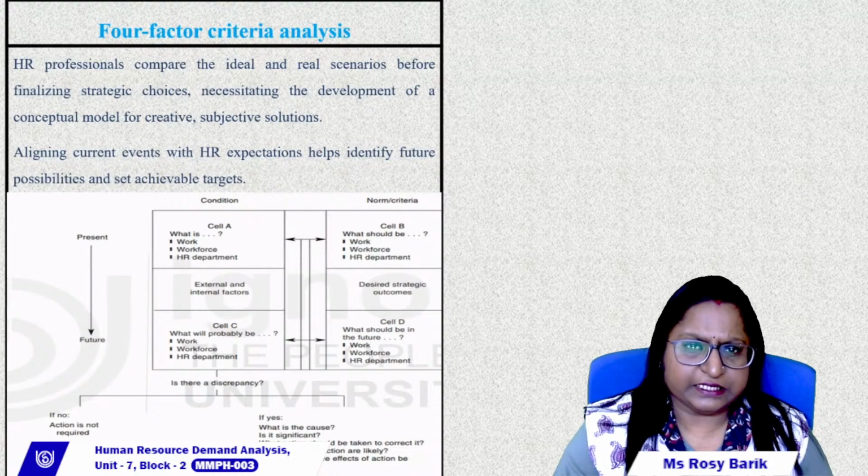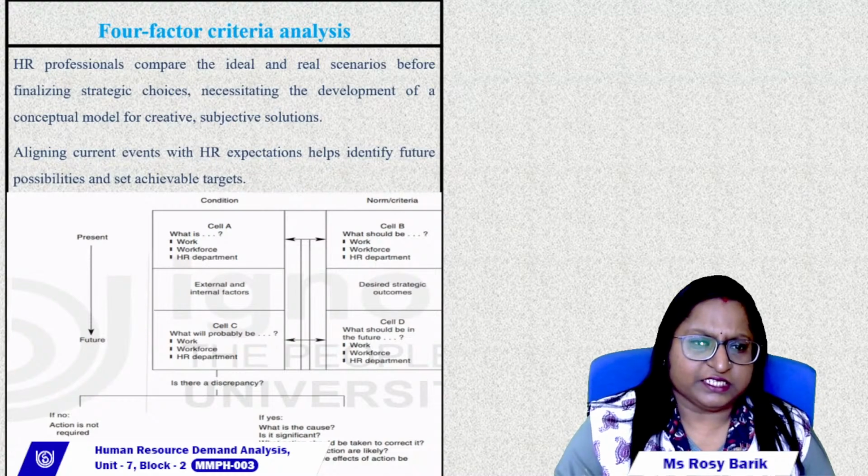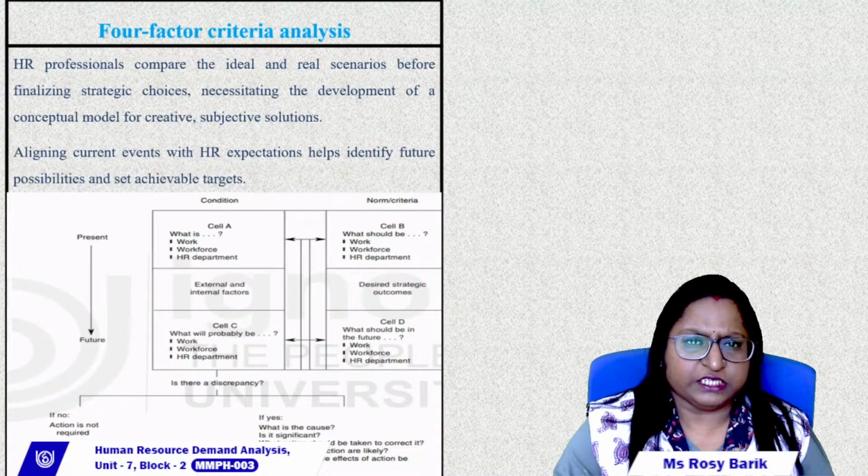So here we can see in the chart that it is shown from present to future, and the whole box is divided into four criteria: cell A, cell B, cell C, and cell D, each divided into two parts. One is condition and another one is norms or criteria.